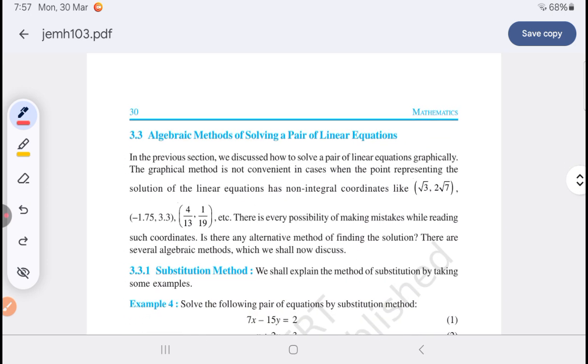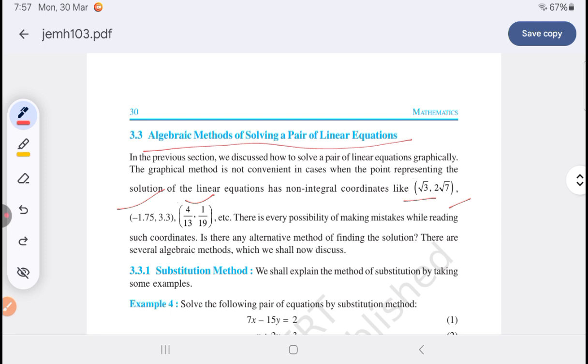So we just now discussed solving the equations graphically. Now you can solve the equations algebraically. Equations can be solved graphically, but the graphical method is not convenient when the points are non-integers, like root 3, or decimals or rational numbers.